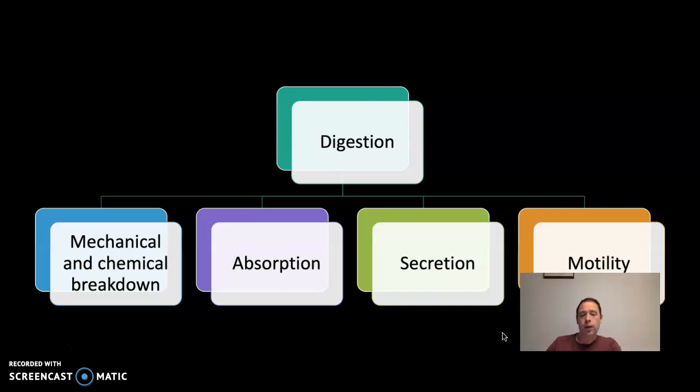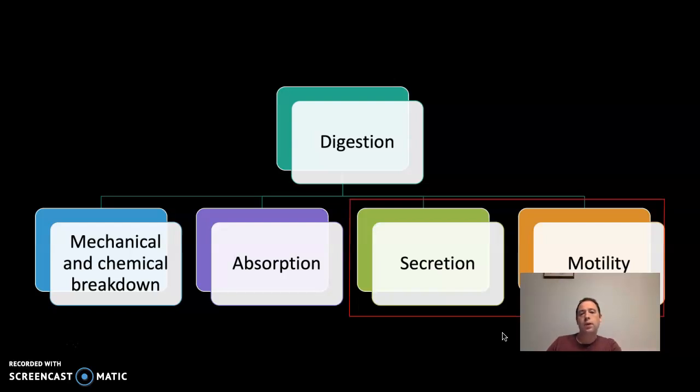And the final process involved in digestion is motility, which is the movement of materials throughout the GI tract via muscle contraction. These final two processes, secretion and motility, are the most highly regulated.